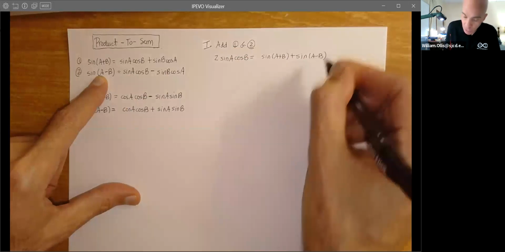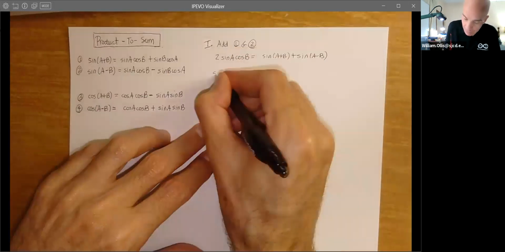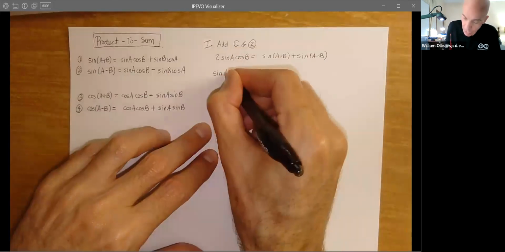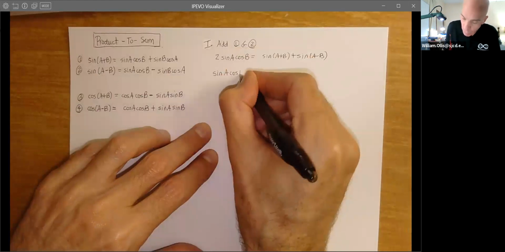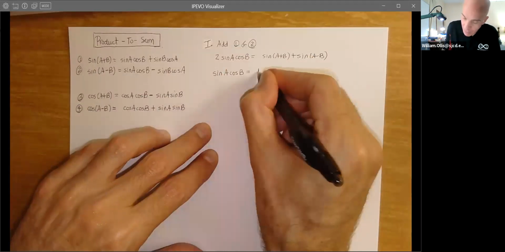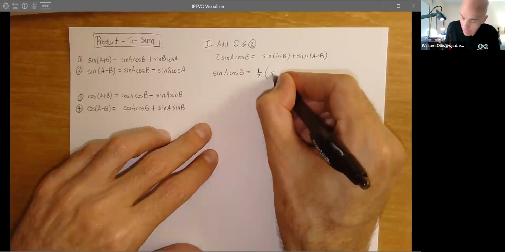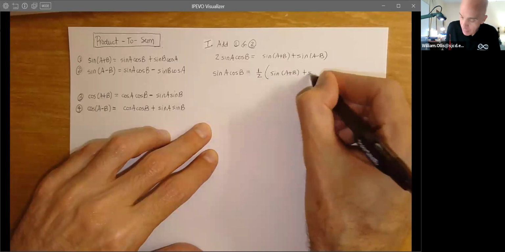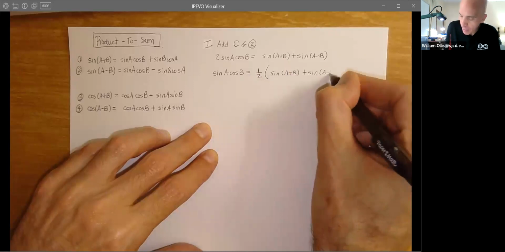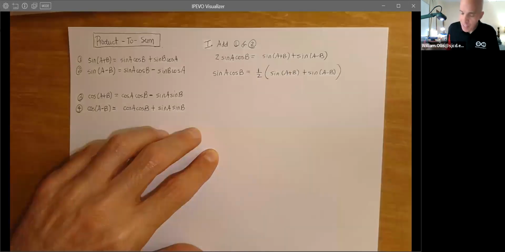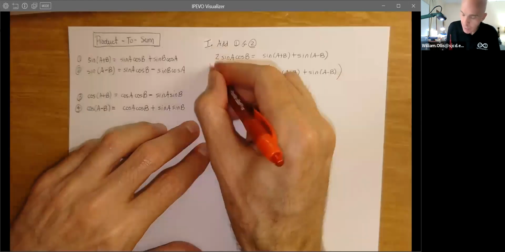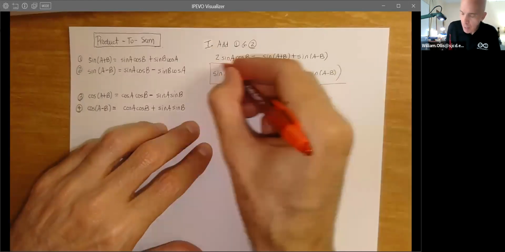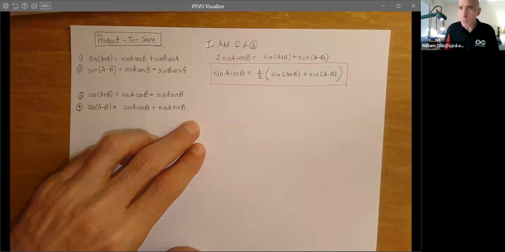Now divide by 2. So sine A cosine B equals 1/2 times sine A plus B plus sine A minus B. Now, how simple is that? That's basic arithmetic right there. Now you're thinking, I'm not going to remember these, Professor Ron.